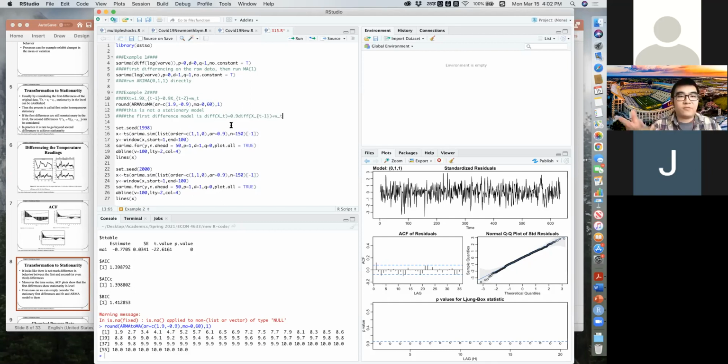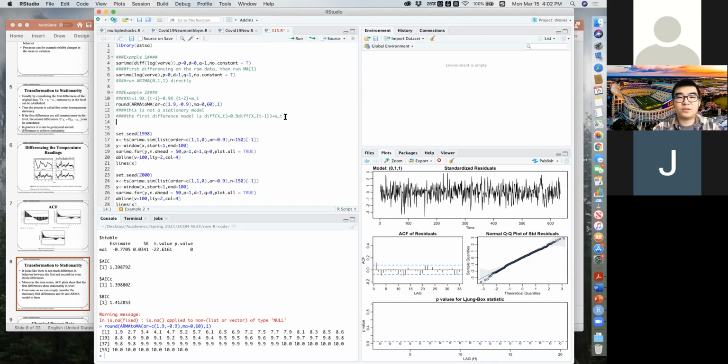Yeah, and if you take the difference, you will realize that the difference of this xt is equal to 0.9 difference xt minus 1 plus a white noise. And we know since this coefficient of 0.9 is less than 1, this is a stationary model.